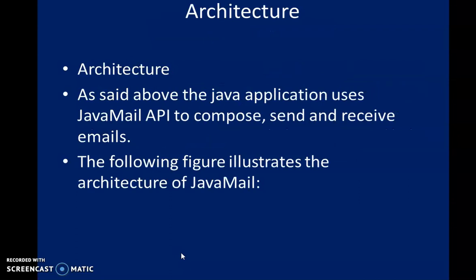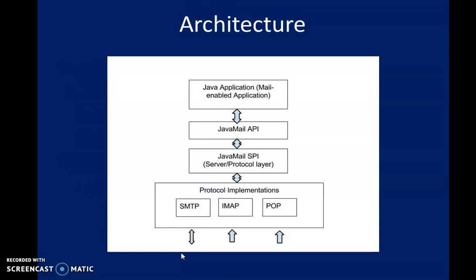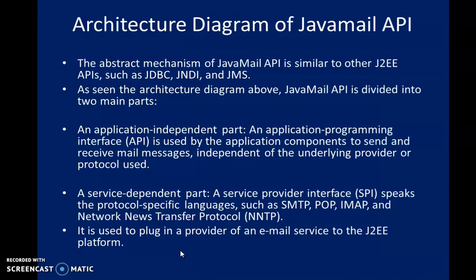And then what is the architecture? In this picture, there are two APIs. One is the JavaMail API, which is connected with the Java applications, and the next is the JavaMail API server protocol layer, which is connected with the protocols. That is what is given in the architecture diagram of the JavaMail API.